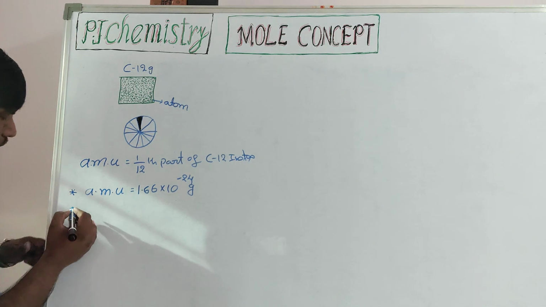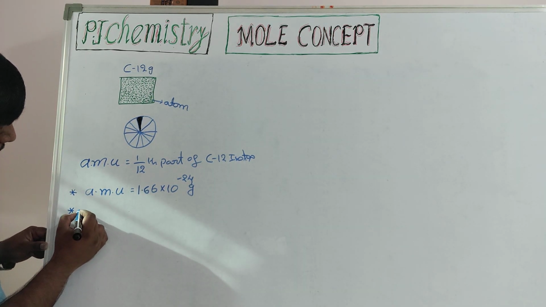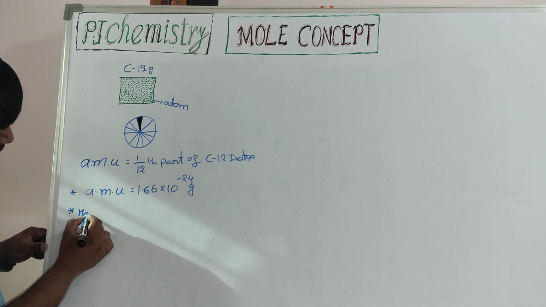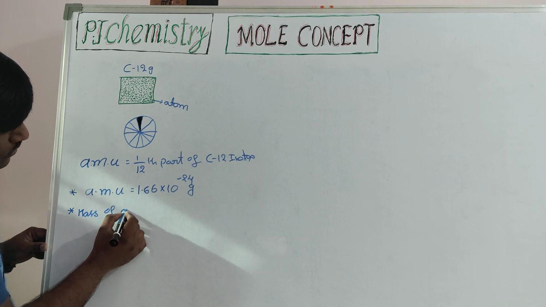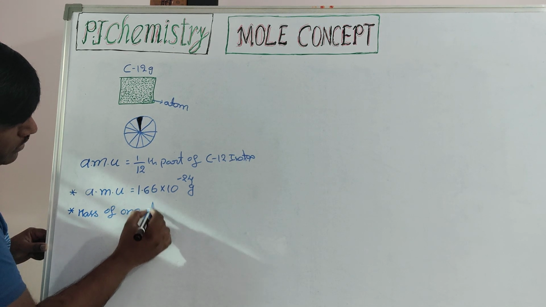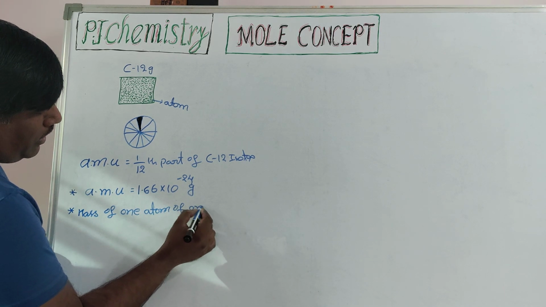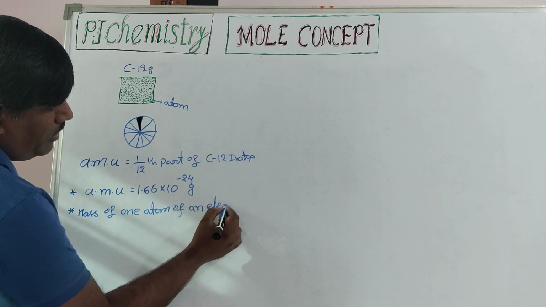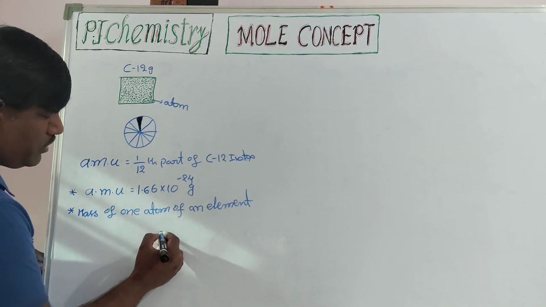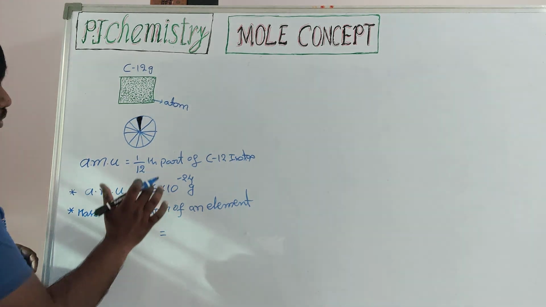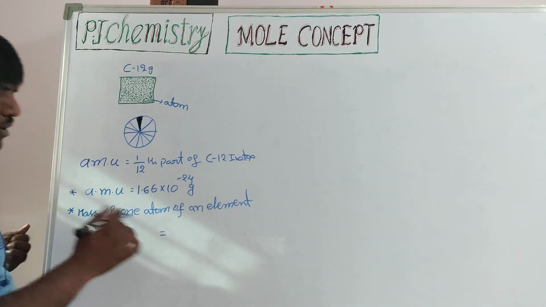That is the formula. Mass of one atom of an element is equal to AMU, one small unit value, into total unit values.